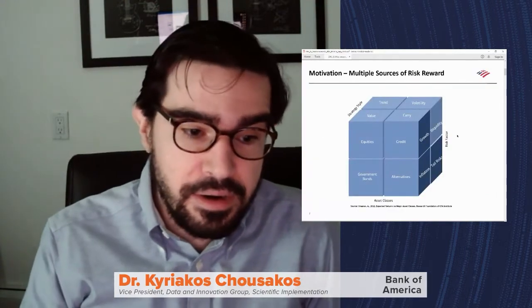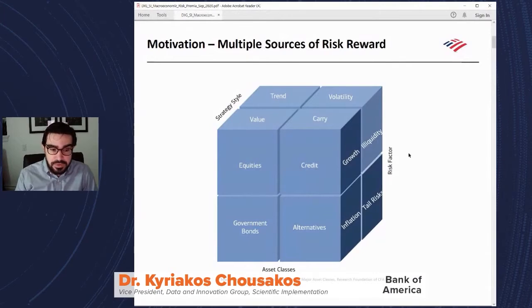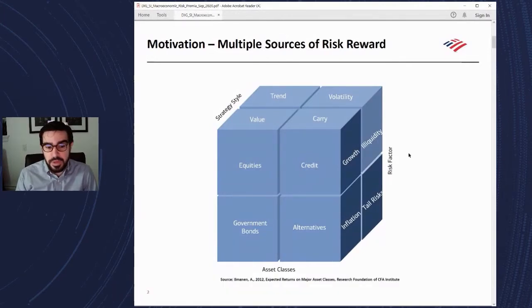And here, what we're doing is we're using Illmanen's work on expected returns on major asset classes. And what we see is that risk and return can be thought across multiple dimensions. The very first dimension that one can see is that of asset classes.